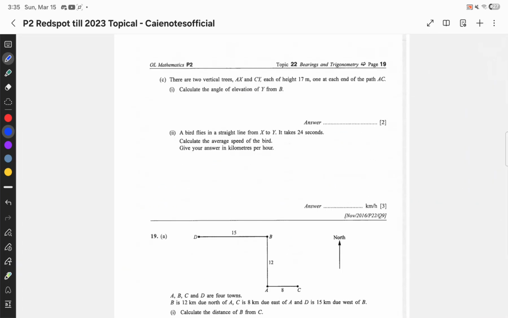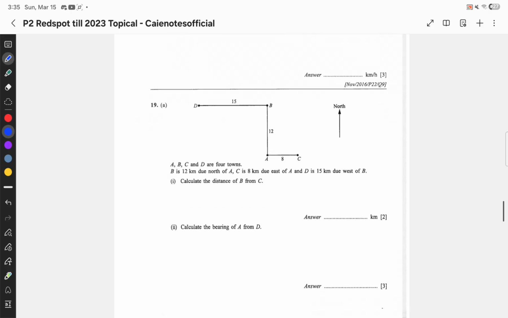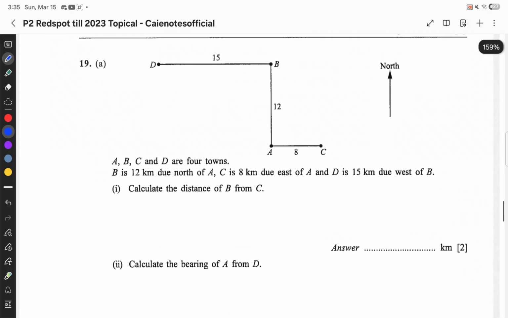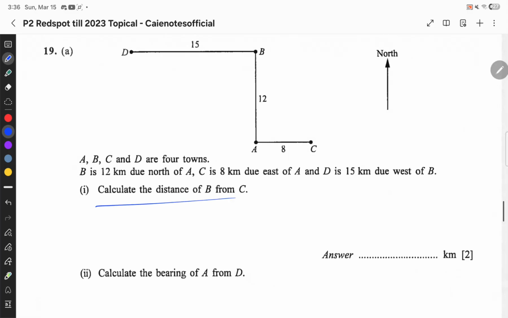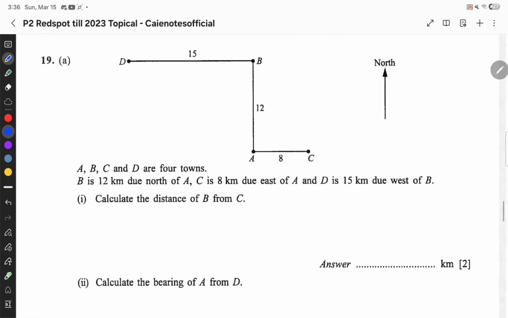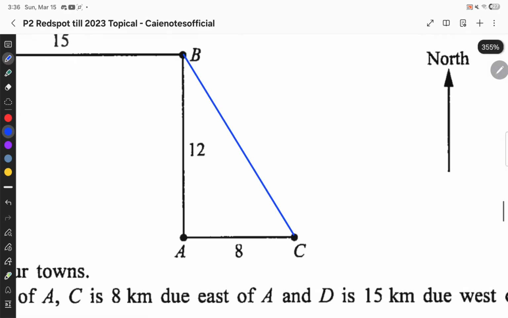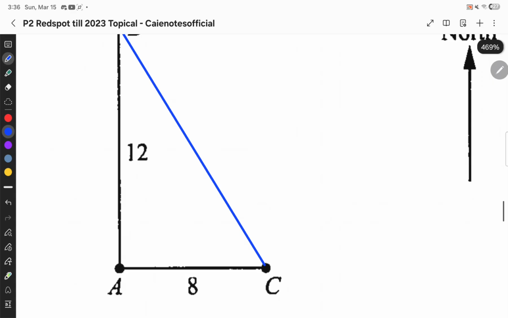And there is some angle of elevation, I'm not going to do that, sorry. Bearing of A from D. Okay, distance of B from C. So we need to find this distance. This is a 3-4-5 triangle, but scaled by 2.